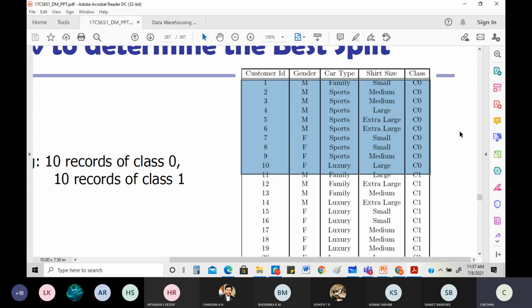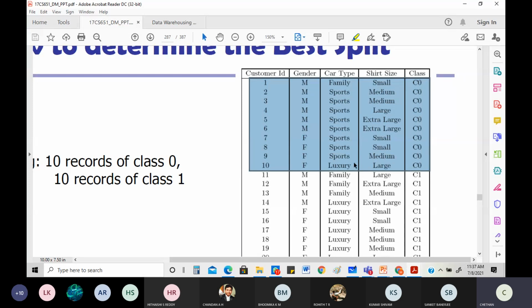You don't have to worry. First, think of the first 10 customer IDs. What is the split you can do here? You have 6 males and 4 females, because I'm only taking up to 10.